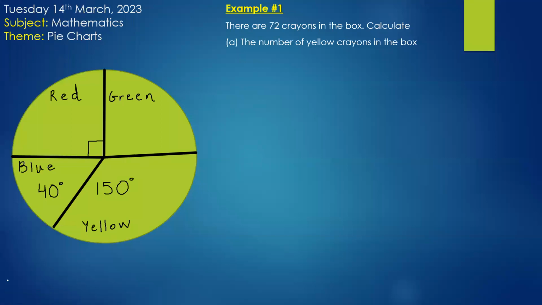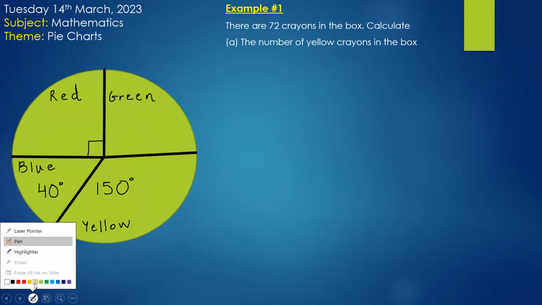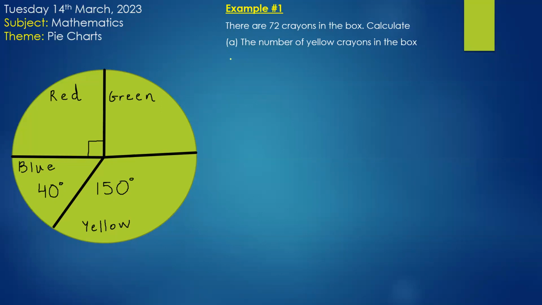So 150 over 360? Very good. So we're taking yellow and expressing it as a fraction of the amount of degrees that it's in. So it's going to be 150 divided by what? 360.